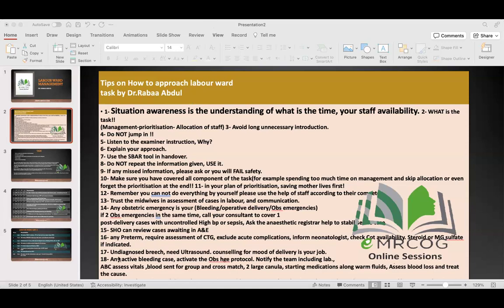Now we come to another very famous situation, like undiagnosed breech, for example, that needs ultrasound and counseling for mode of delivery, and the counseling is your job. However, the ultrasound is not always your job. So if you have another emergency, yes, I know that counseling is your job, and you need to counsel the case yourself about the mode of delivery or about the options that she has.